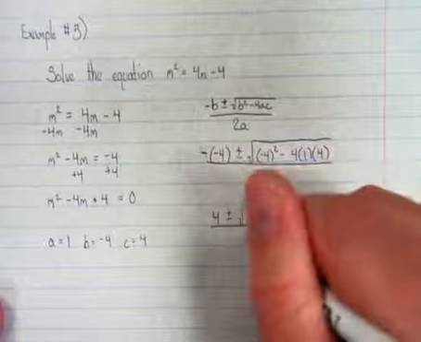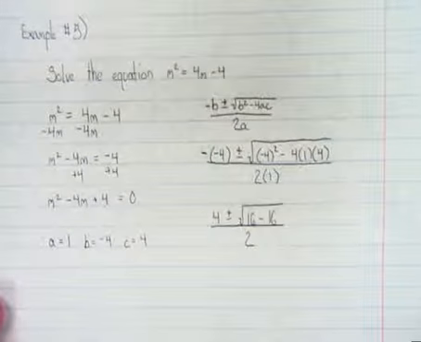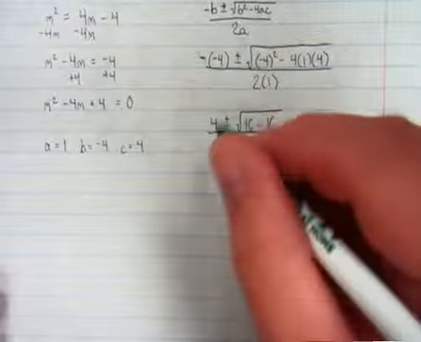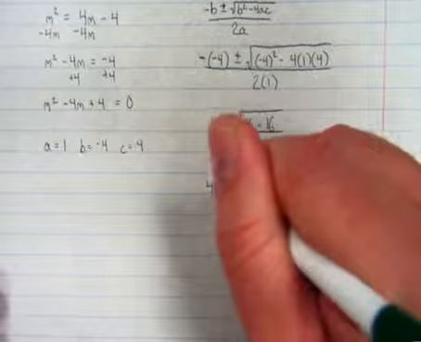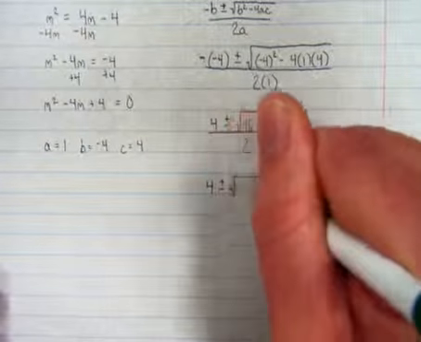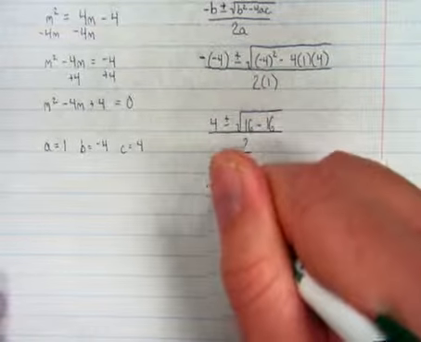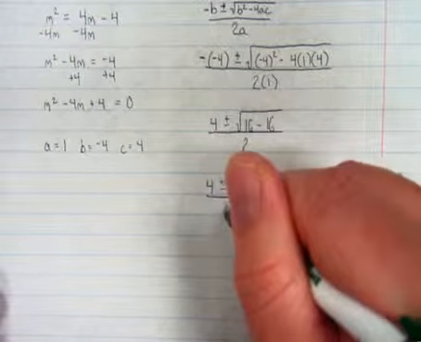And then 2 times 1 is 2. Now hopefully some of you can start to see where this will go, and I'm just going to continue to simplify underneath it. We have 4 plus or minus the square root of 16 minus 16, which is 0, divided by 2.